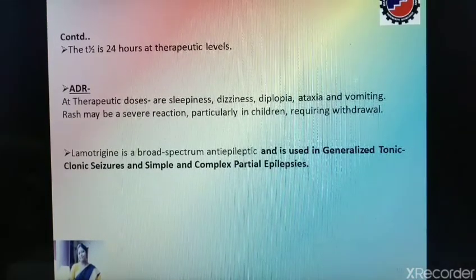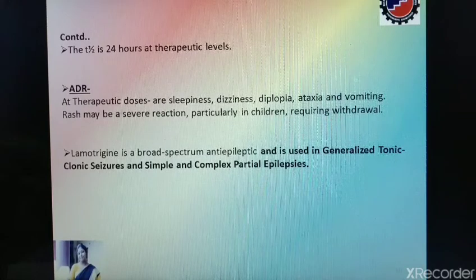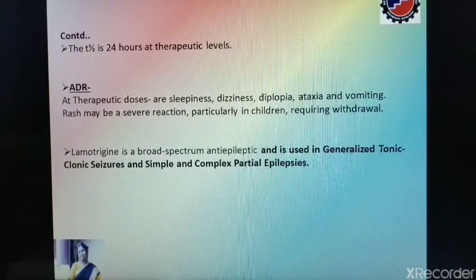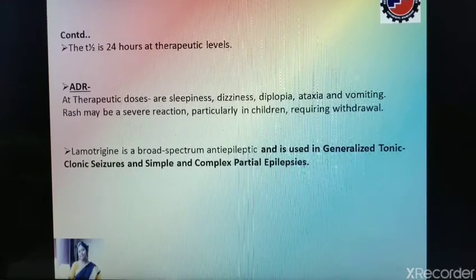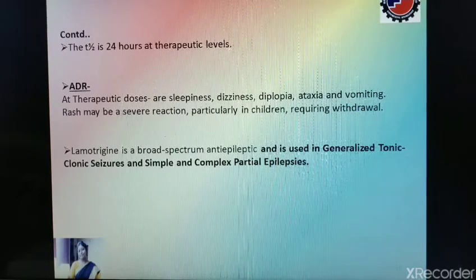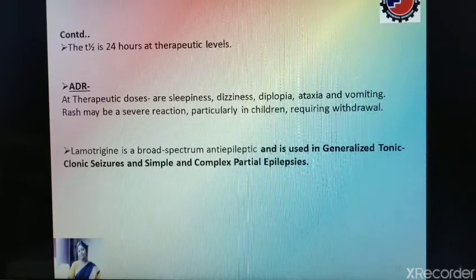The various side effects at therapeutic doses include sleepiness, dizziness, diplopia, ataxia, vomiting. Rashes may be a severe reaction, particularly in children, and the drug must be withdrawn if they are seen.